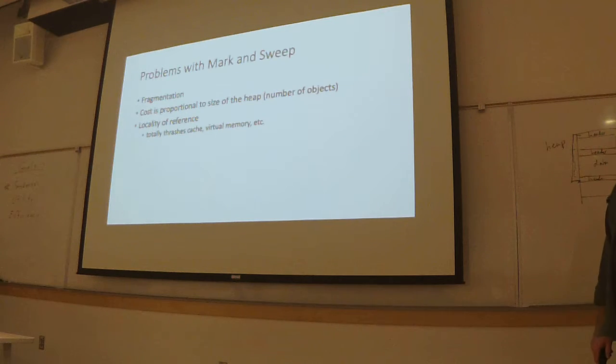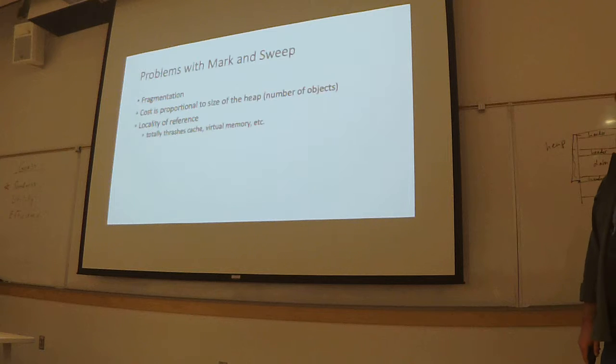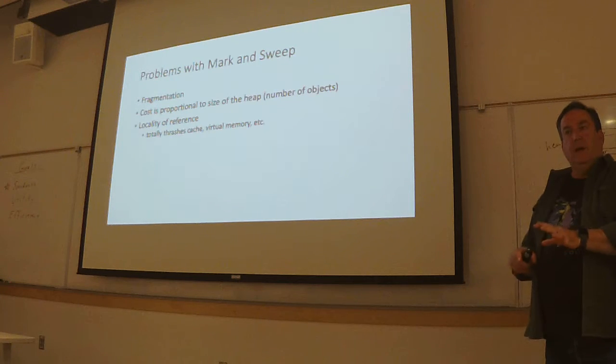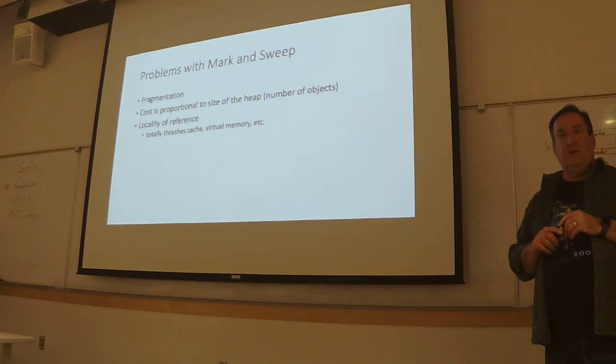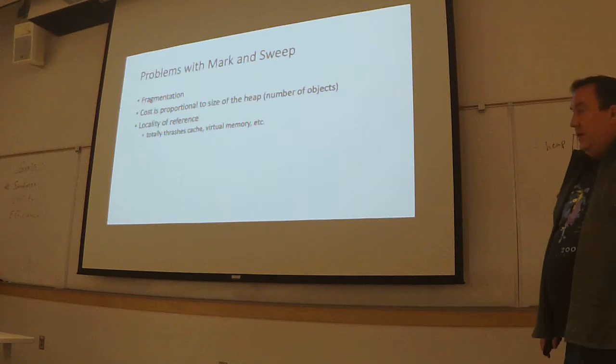I have to traverse out and mark those that are reachable. That part's only proportional to the amount of live data. But then I've got to go through and sweep and collect. The sweep phase visits every single node and says, are you marked? Great. You're not marked? Go. And so it has to visit every single allocated block of memory, or every previously allocated block.